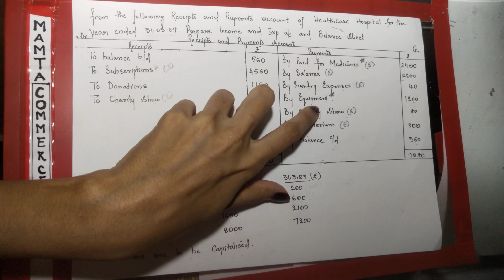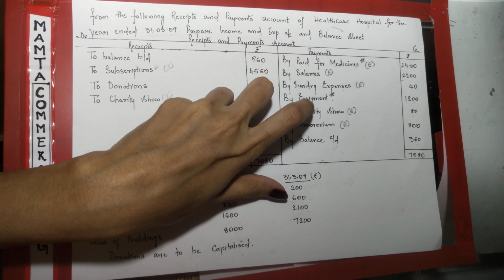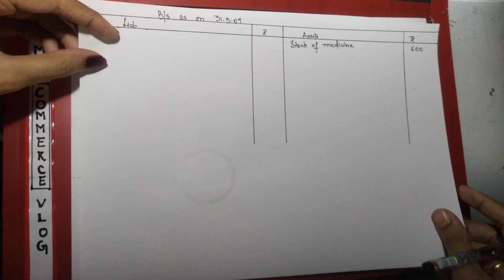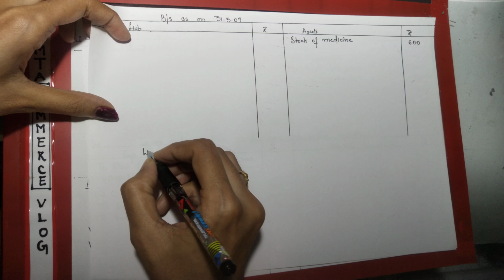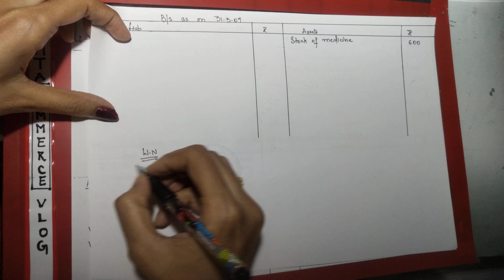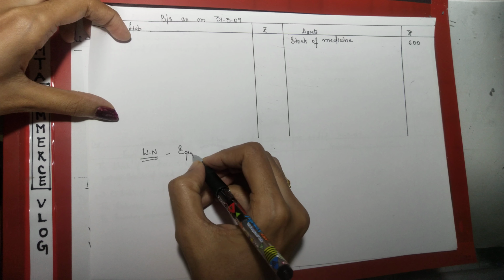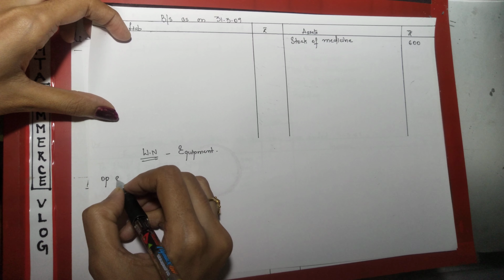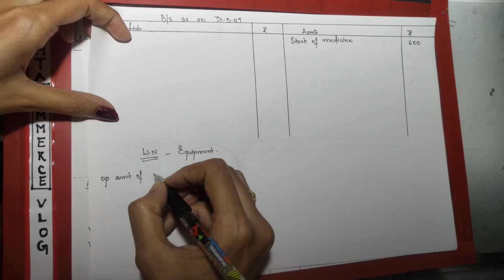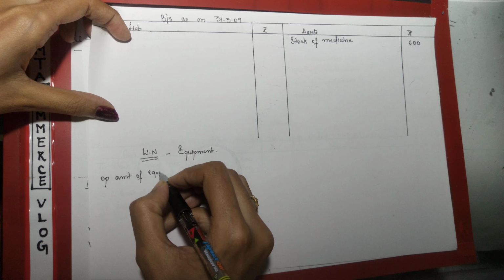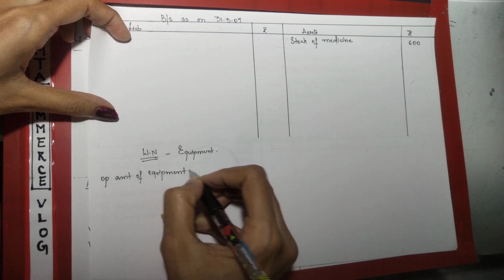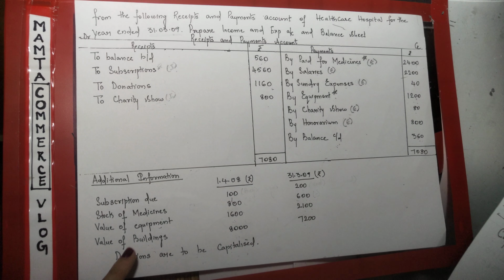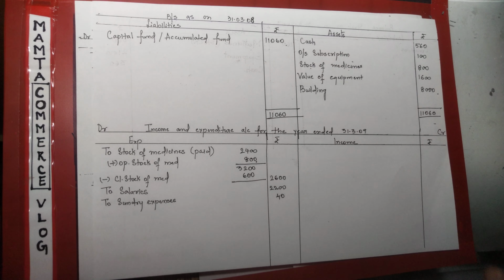is equipment. For this equipment we will write a working note. So we will write a working note after the closing balance sheet. Here I am writing about equipment. So the opening amount of equipment or opening value of equipment is 1600.